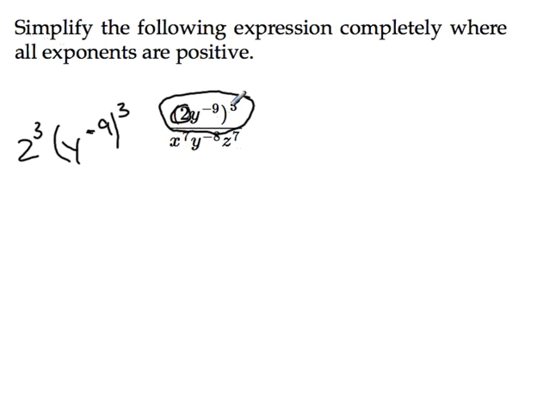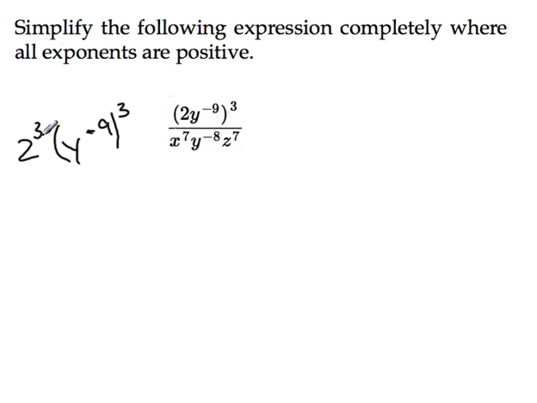So that third power applies to each individual term. So make a note of that. That's important. Most people won't do the 2 to the third part. They'll just do the y to the negative 9th to the third part.